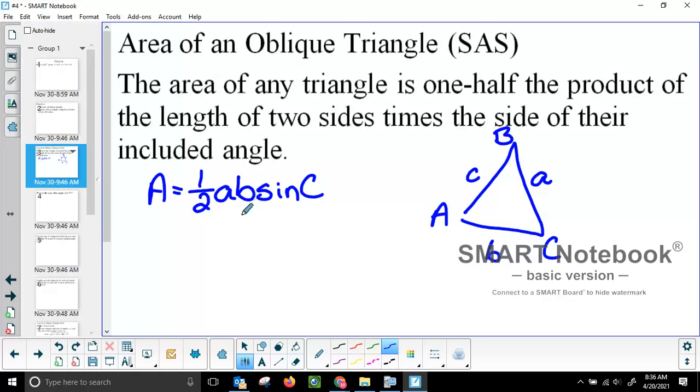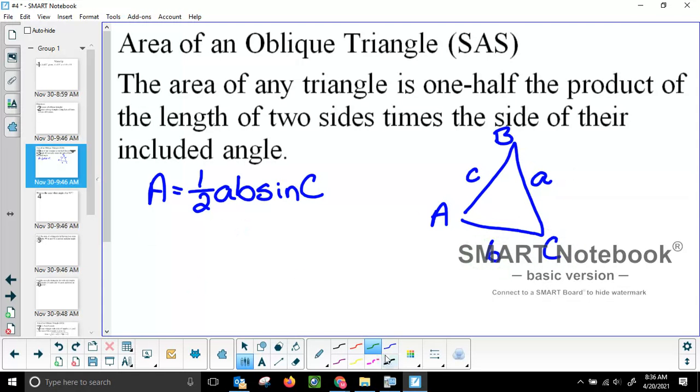So if we're given a, b, and angle C, see how these are the two sides and the angle between them. It doesn't really matter which pieces we're given as long as we have two sides and the angle between them.